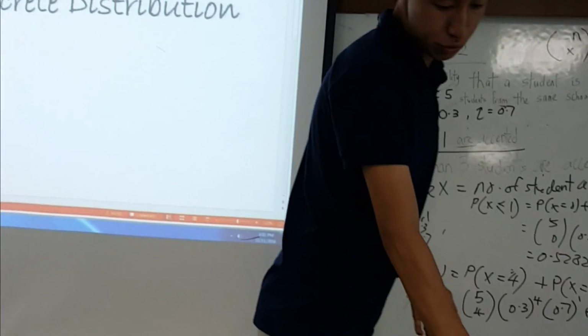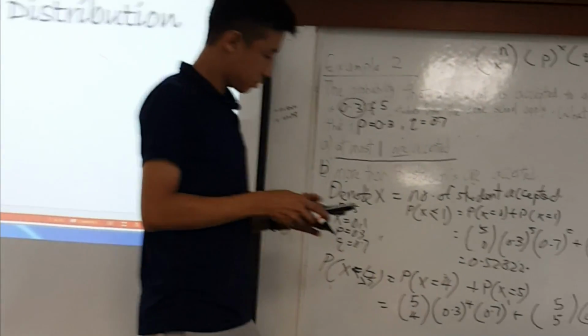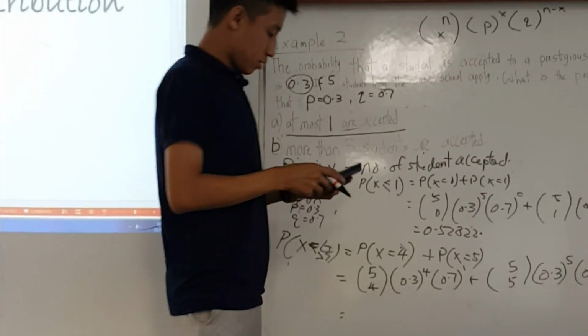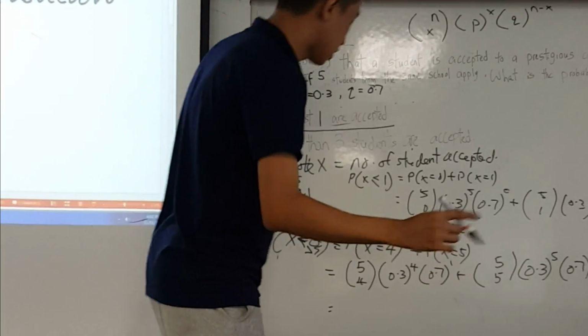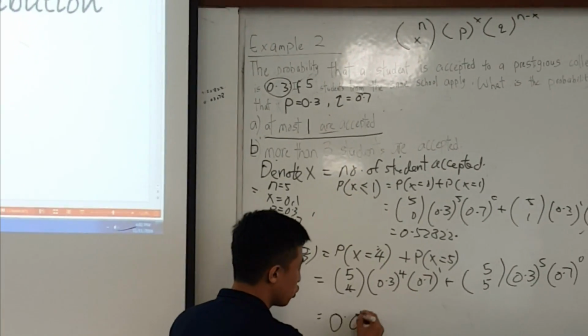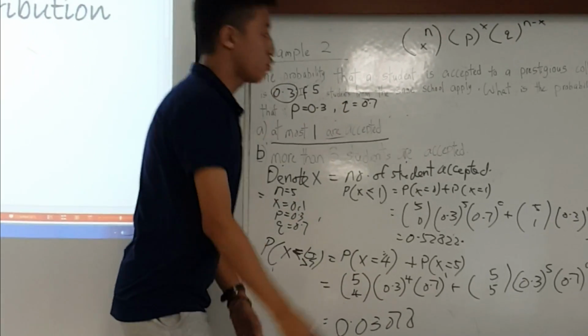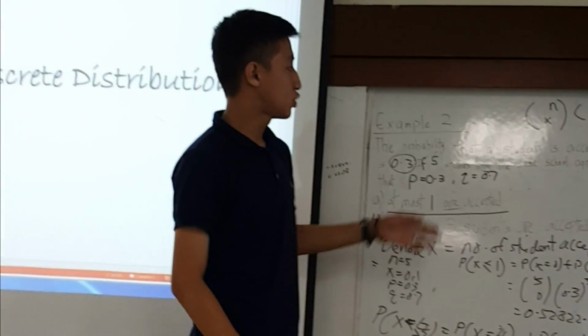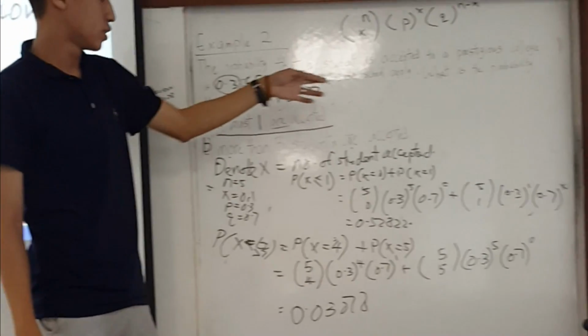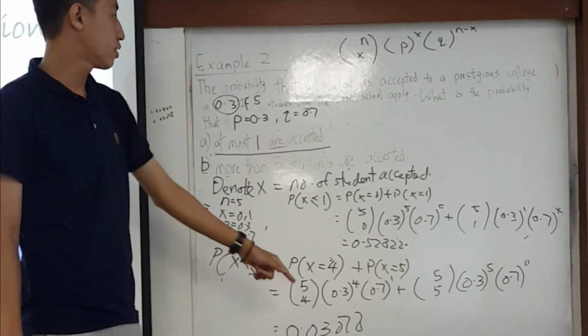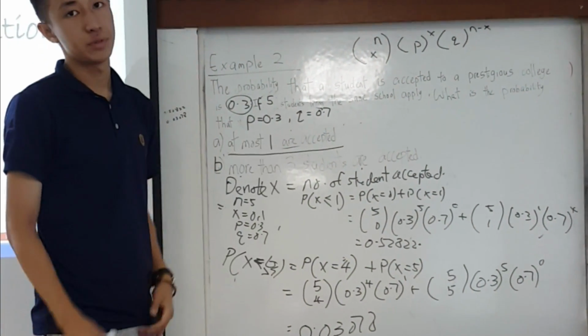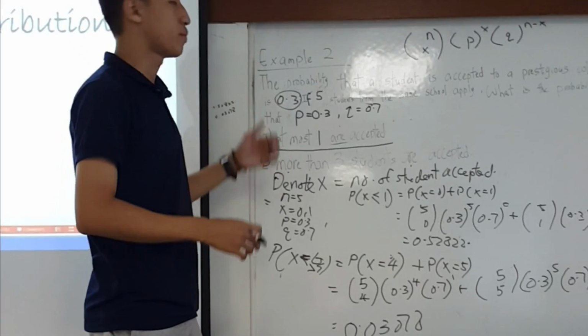Same as usual, I will use the calculator. The answer is 0.03078. This means when 5 students from the same school apply, there is only a 3% chance that more than 3 students are accepted. So that's all for my example 2.